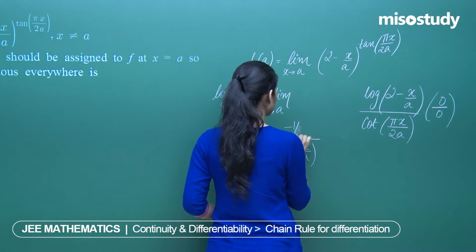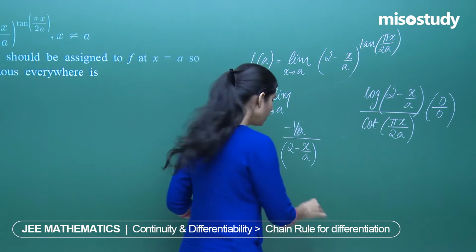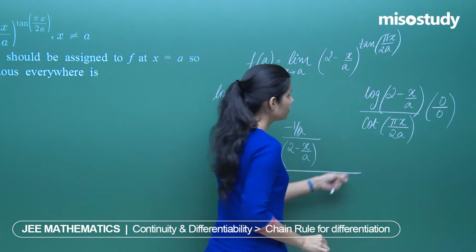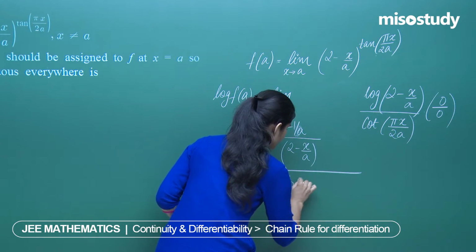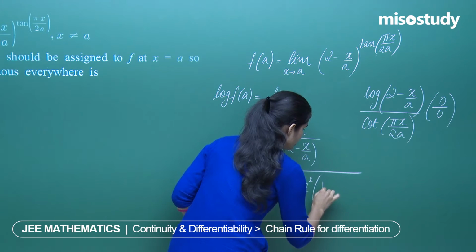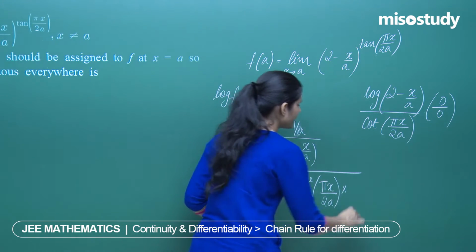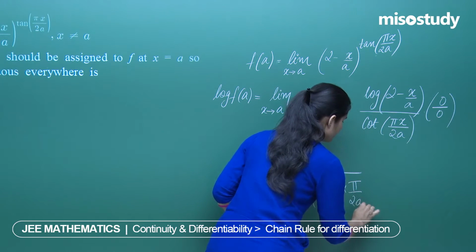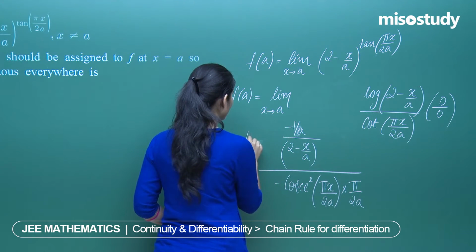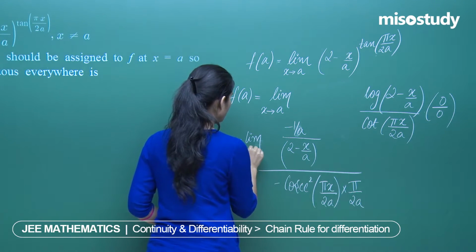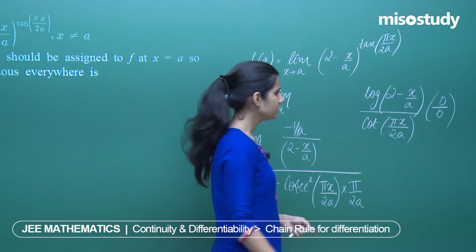So this is minus 1 upon a whole upon, what is this? This is minus cosec square pi x upon 2a into d by dx of pi x upon 2a, which is pi by 2a. And over here you basically have the limit. Fine.